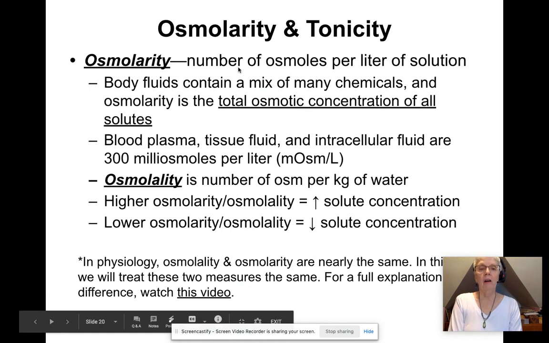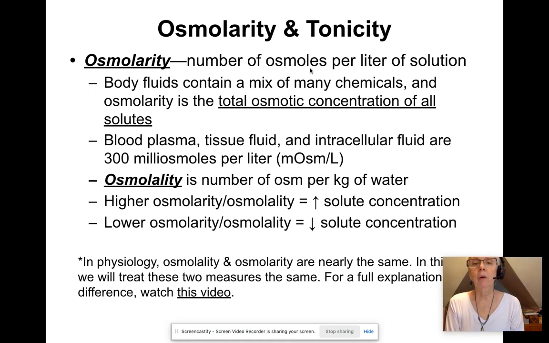So when we talk about osmolarity, we're talking about the number of osmoles per liter of solution. Body fluids contain a mix of many chemicals, and the total osmotic concentration of all solutes is called its osmolarity. So remember, we're looking at this osmotic concentration. For blood plasma, tissue fluid, and intracellular fluid, we have 300 milliosmoles. Now that's osmolarity.